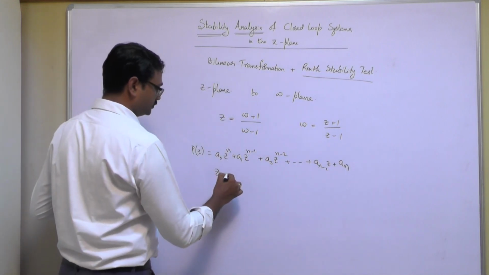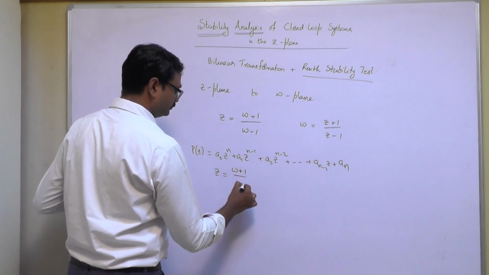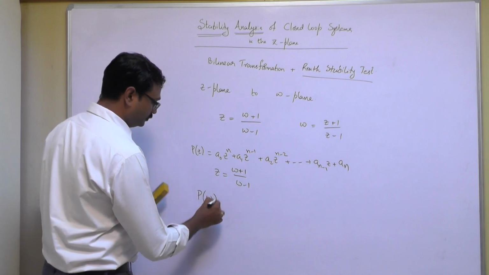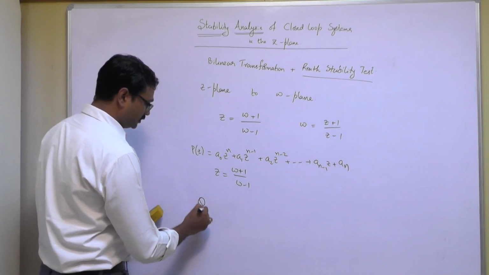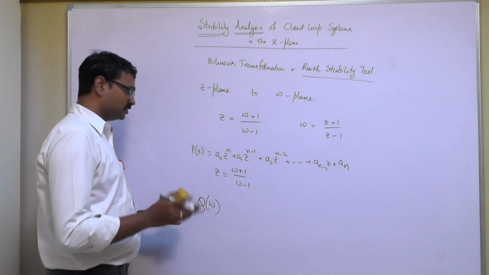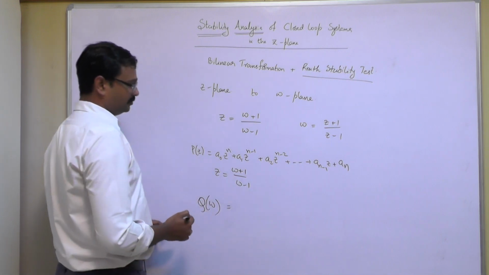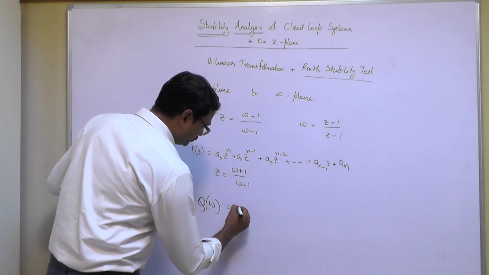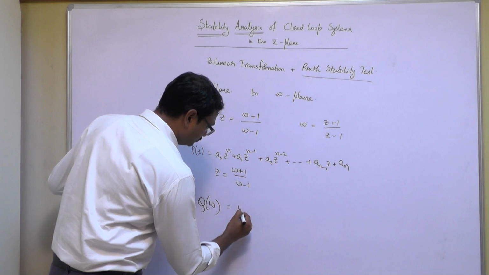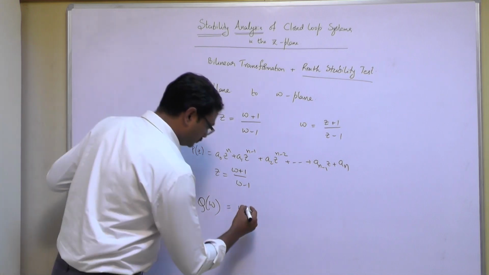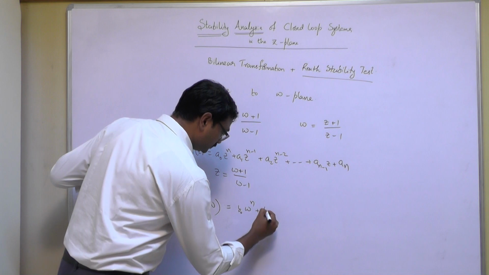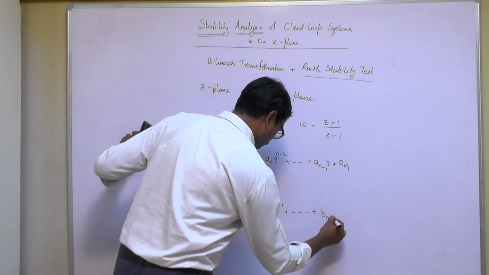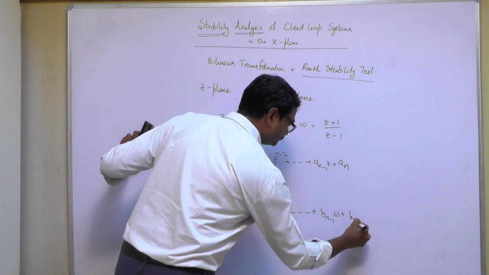This, if you replace z with w plus 1 by w minus 1, then you will have P of w, or you can say it is nothing but Q of w, because it's some other plane you are going to obtain, and you will have the values of some other constants b0 w power n plus b1 w power n minus 1 plus so on, plus bn minus 1 w plus bn.